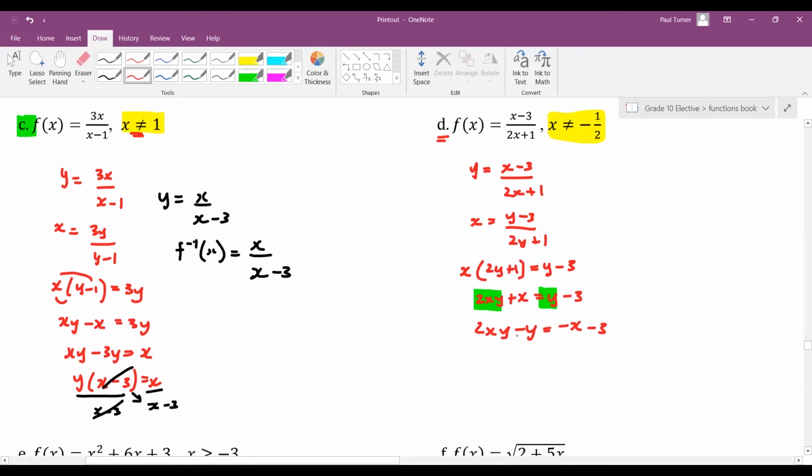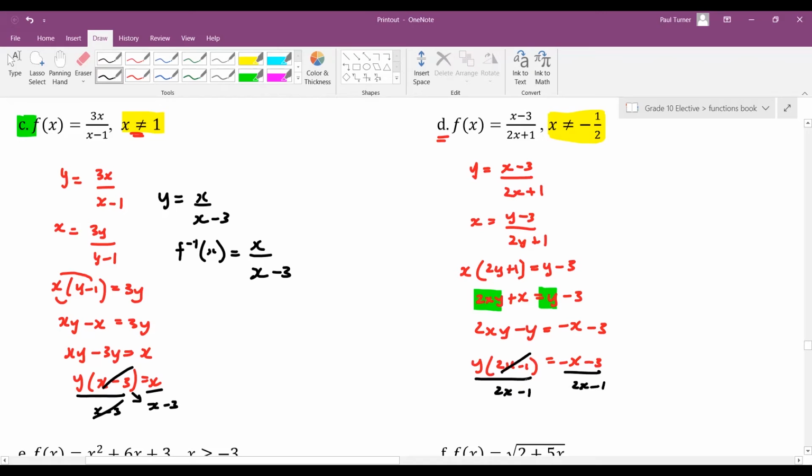At this point, we will factorize out the y. You'll get y times 2x minus 1 equals minus x minus 3. Okay, and now the simple thing to do is just divide by 2x minus 1, both sides.